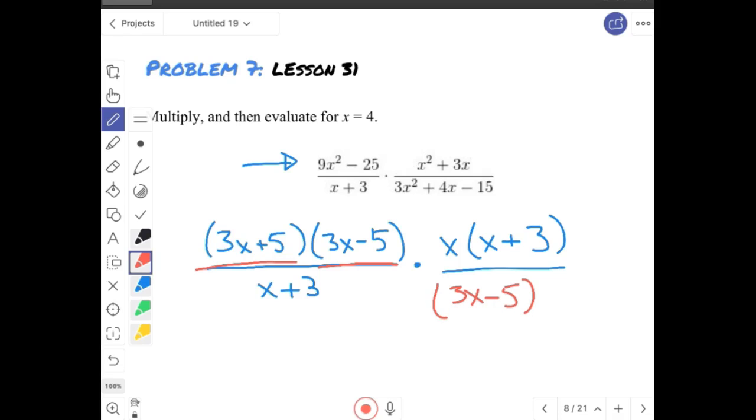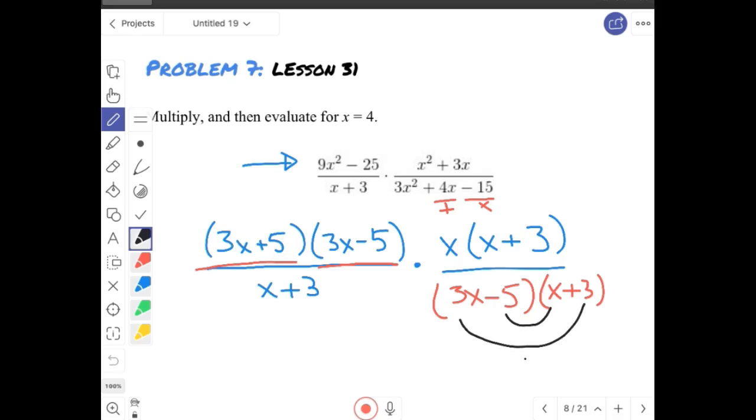So if I say 3x minus 5, then based on our rule of adding up and multiplying to get different things, if I multiply to get negative 15, this would have to be an x plus 3. Then to check that, figure out your inside and outside terms.